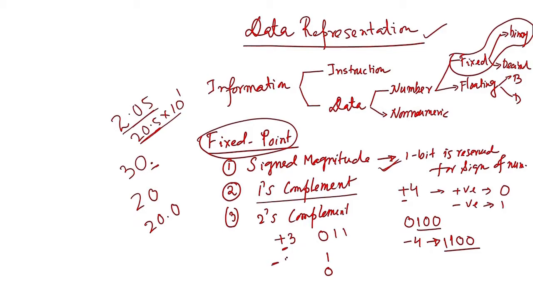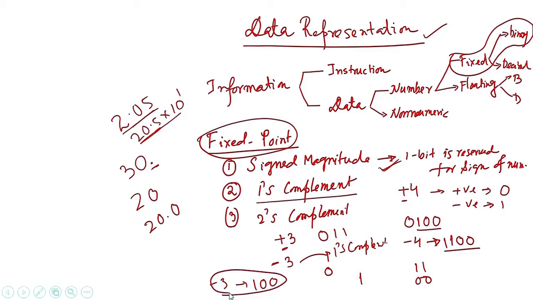If it is a negative number, then you represent it in 1's complement. So, negative number will come as 1 and then 3, which is 1 1, and taking its 1's complement, it will be 0 0. So, -3 is nothing but 1 0 0 in 1's complement representation. Okay. And 2's complement representation is simply that you add +1. That will give you the 2's complement.